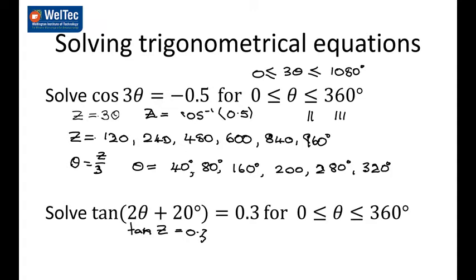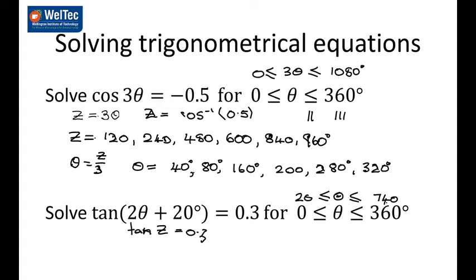It's positive in 1, all science teachers, so it's positive in quadrants 1 and 3. So you'd find the appropriate Z. You can go around twice, so we can actually go from 20 up to 740, being twice 360 plus 20. And so we'll get 4 answers.